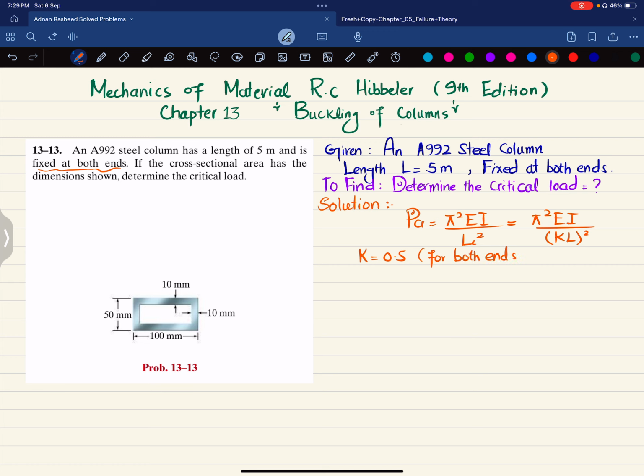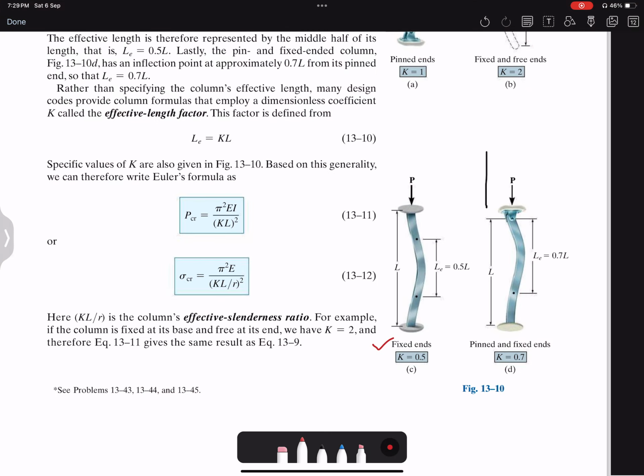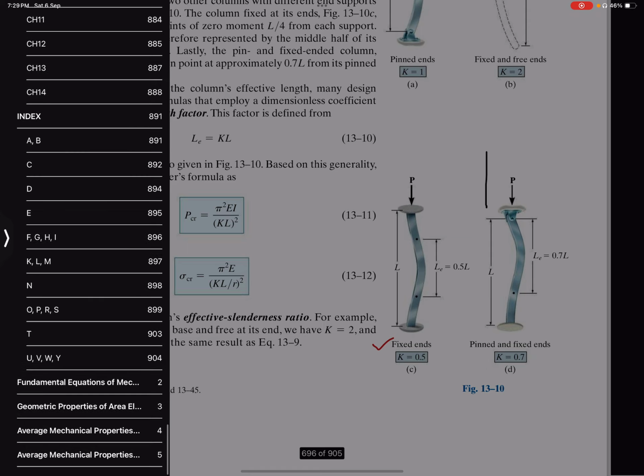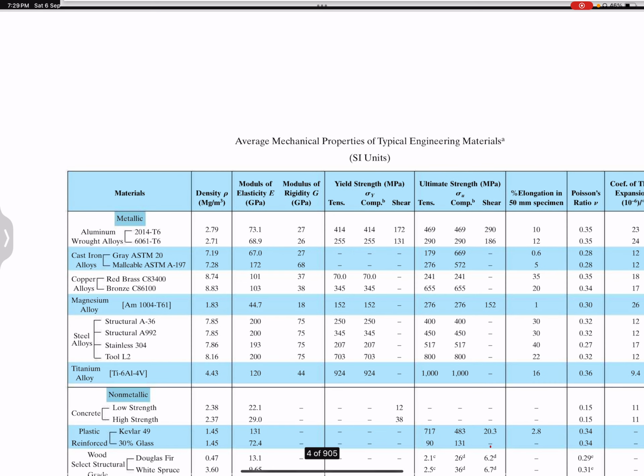Now what is the value of E and yield stress? We will need that. So for that we will go to the end of this book and move toward the average mechanical properties. You can see this is in SI unit.